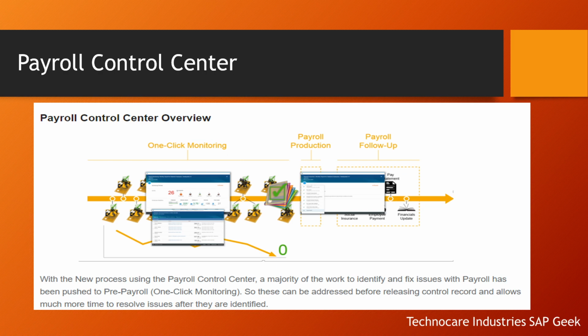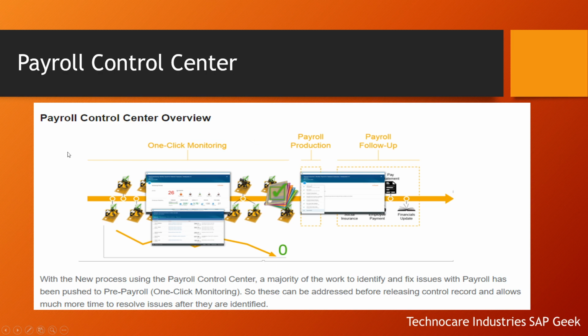So the major work of identifying and fixing issues has been pushed to the pre-payroll phase. This can be addressed before releasing the control record and allows much more time to resolve issues. Earlier, administrators had only 2 or 3 days to fix all those errors, now they have the entire payroll period until we start generating live payroll results.